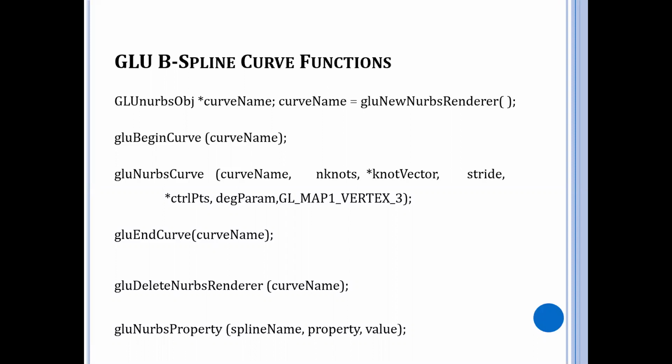The following set of statements illustrates the basic sequence of calls for displaying a B-spline curve. First we have given a name, then the object name, followed by the renderer, then how the curve should be, with the value of this, and finally end it.